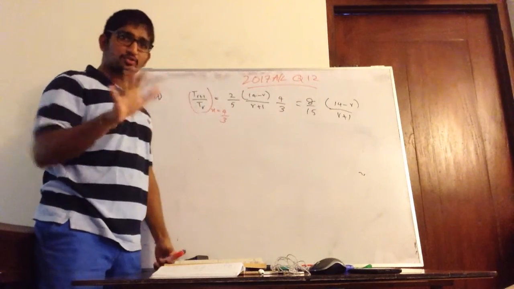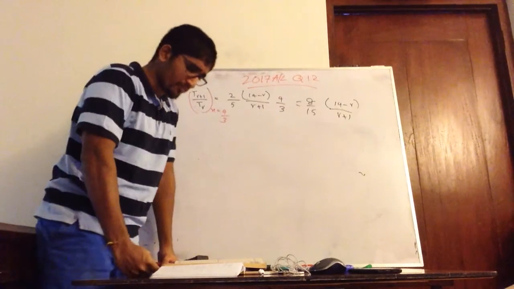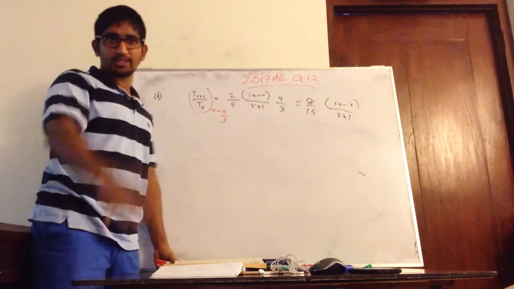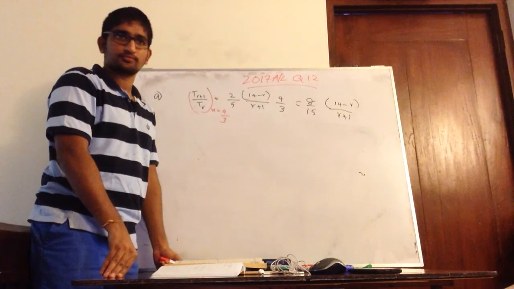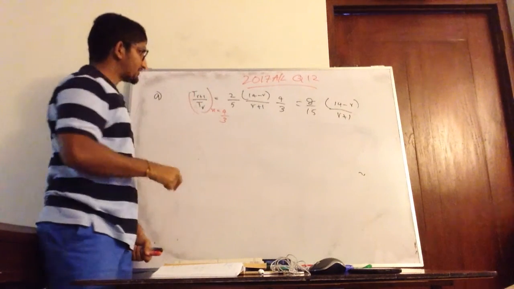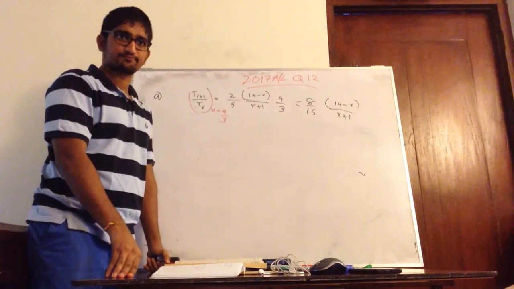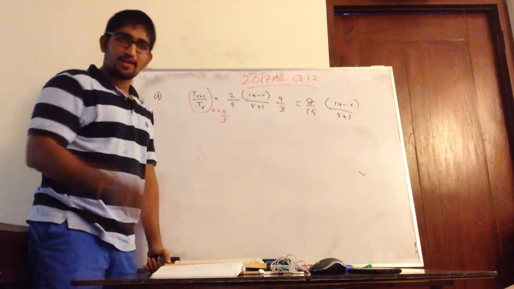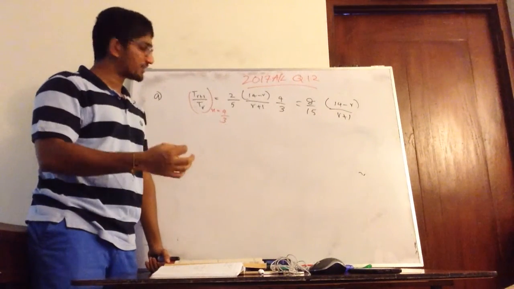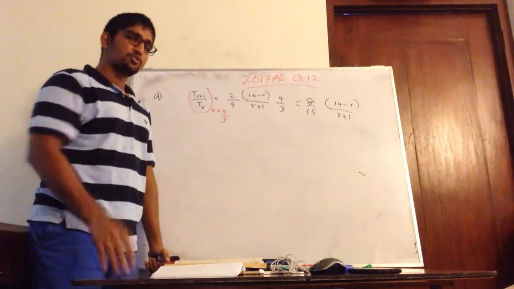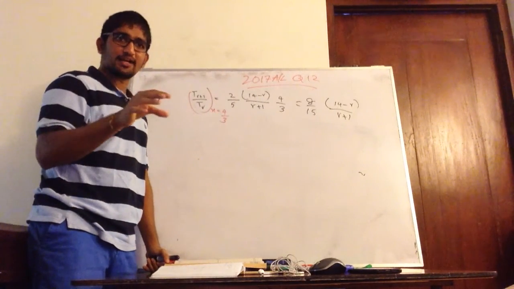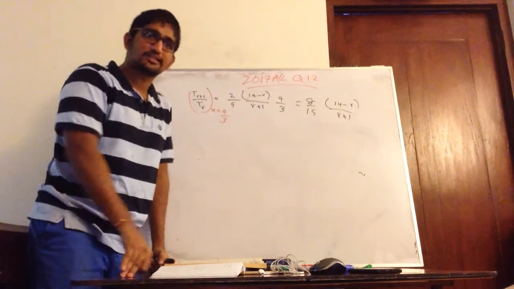I'll show you all something now. I'm going to break this down into 3 parts. That is when T r plus 1 is equal to T r, then T r plus 1 is greater than T r, and then T r plus 1 is less than T r. After I do that, you all will get some idea what we actually need to do in this sum.